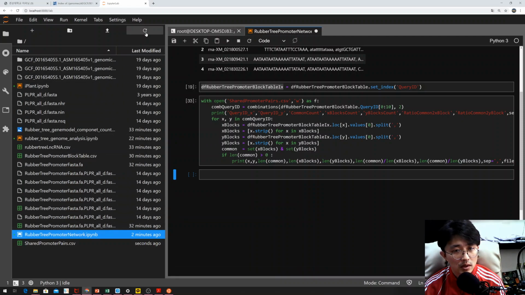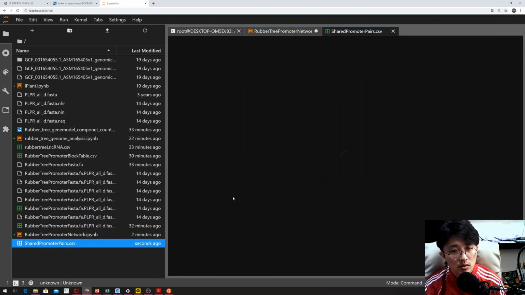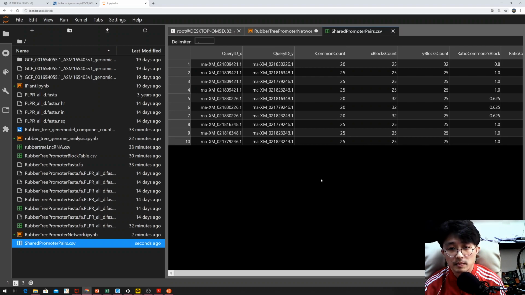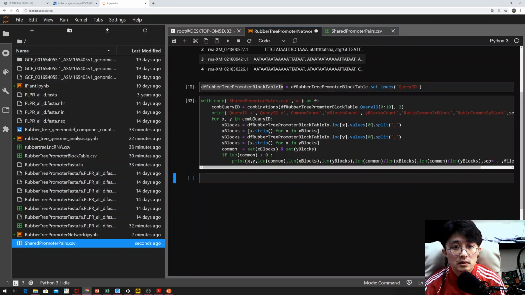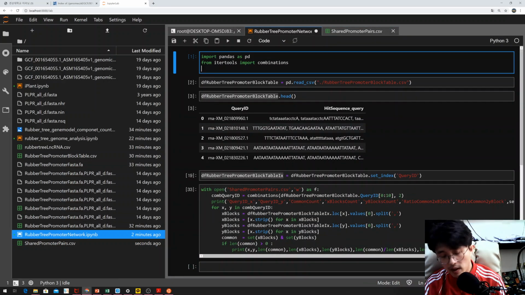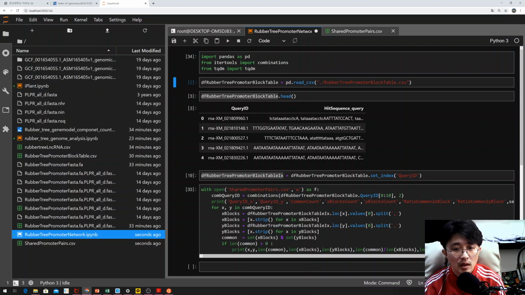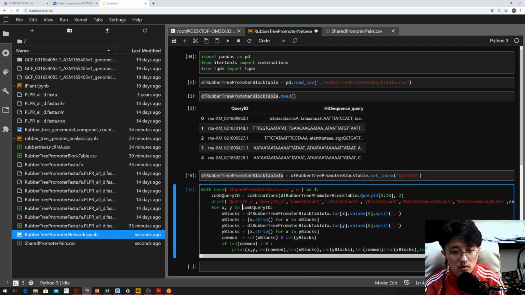the shared promoter pair. In this manner you will have it. So let me check if I can run everything. From tqdm import tqdm, and this is the whole iteration, tqdm query id, but this is what I limited for my analysis. I will erase.